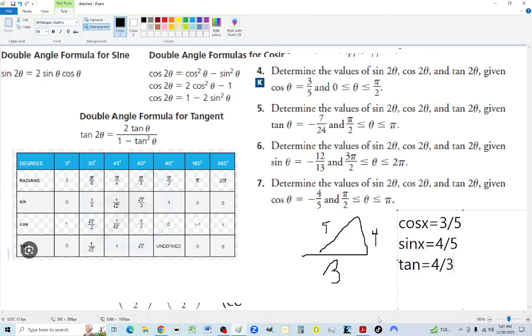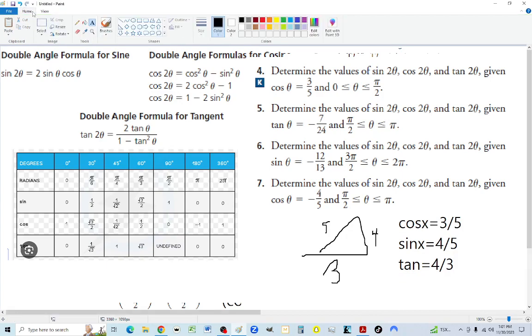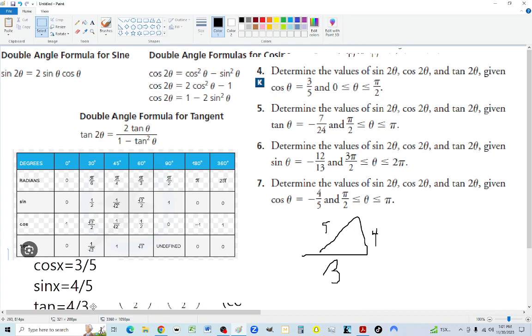So now you have the 4 values. And when you have those 4 values, let's put them on the side. You can work out all the other values.